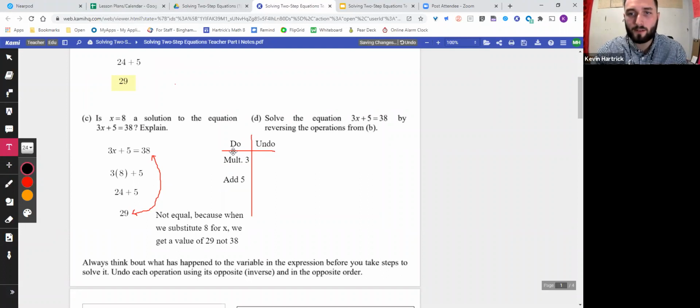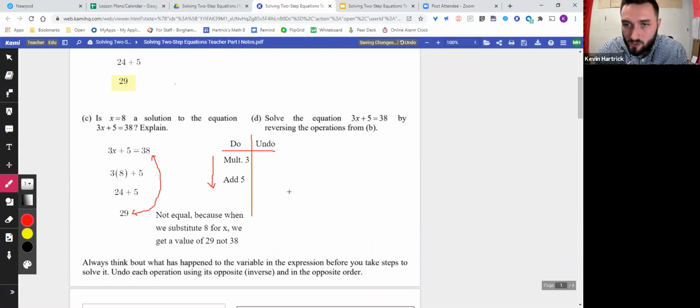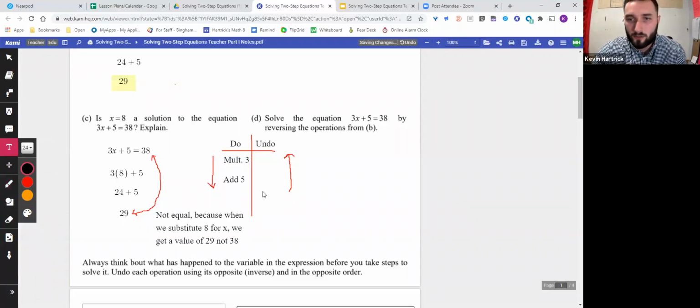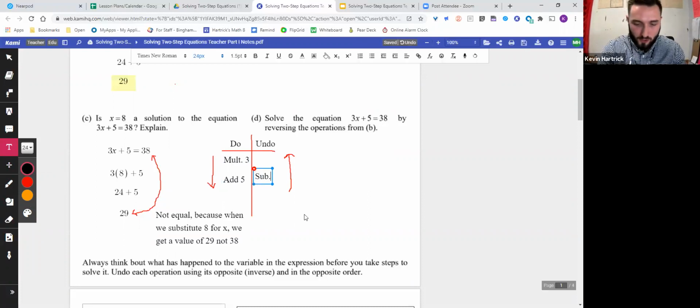This is what happened originally, in this descending order. Now, when we are solving this equation, we're going to go backwards. We're going to undo it by doing the opposite of what happened in the do column. The opposite of adding 5 is to subtract 5, so that would be our first step.